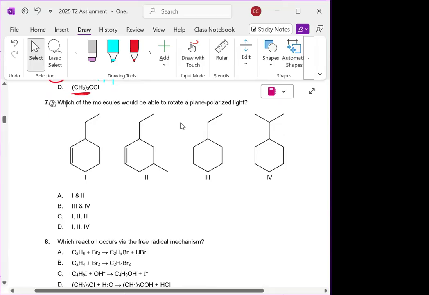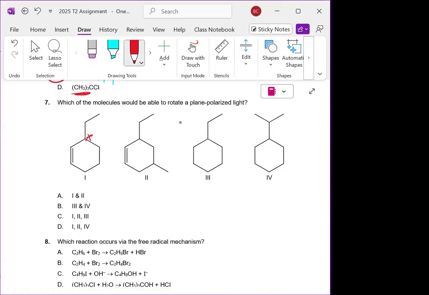Okay, which one will rotate a plane polarized light? We look for the Y. So if I look for the Y, I'm seeing the Y here. I'm also seeing this here. This one, although I see the Y, I also have a Y here. This one, although I see a Y, I see a Y right here. But this side and this side is exactly the same. So therefore, there's no 4 different substituents. So this one, no chiral carbon.